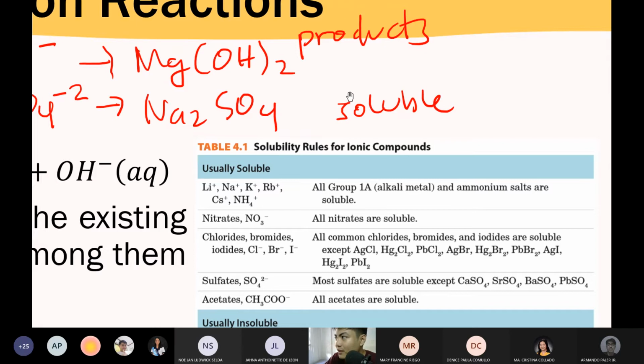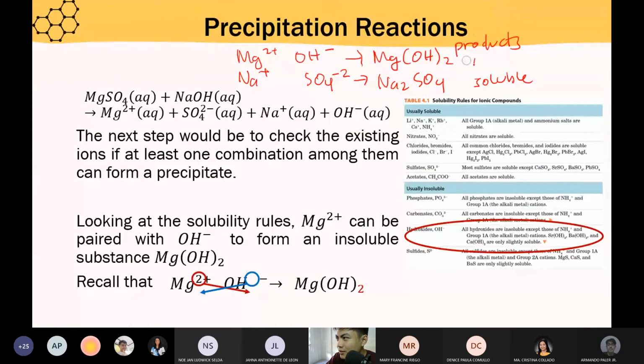Insoluble yan. Kasi sinabi dito, magiging soluble daw yung hydroxide if you pair it with ammonium, group 1, strontium, barium, calcium. Pero ang kapartner niya is magnesium. So, ibig sabihin, hindi siya pasok dun sa soluble exceptions. So, yeah, this is a precipitate. Okay? So, it's insoluble or precipitate.